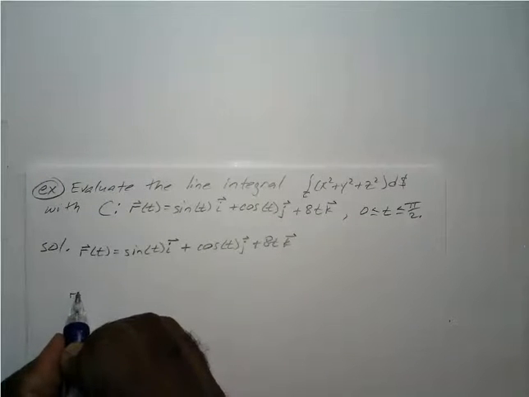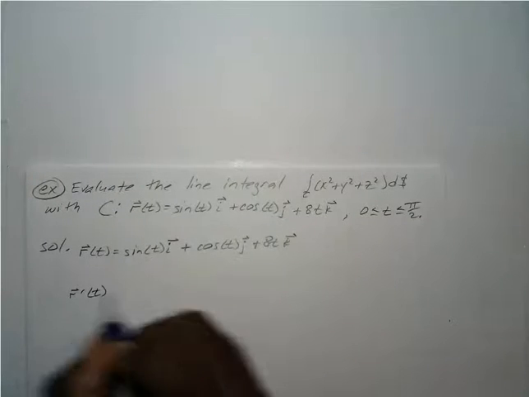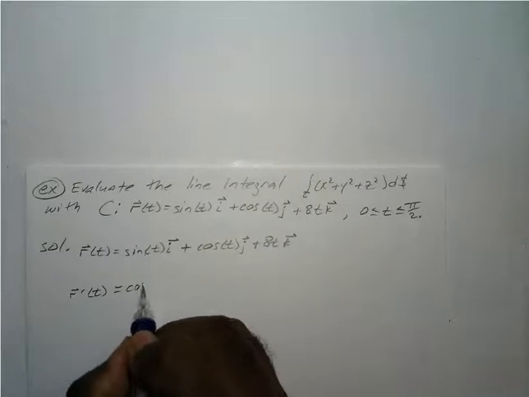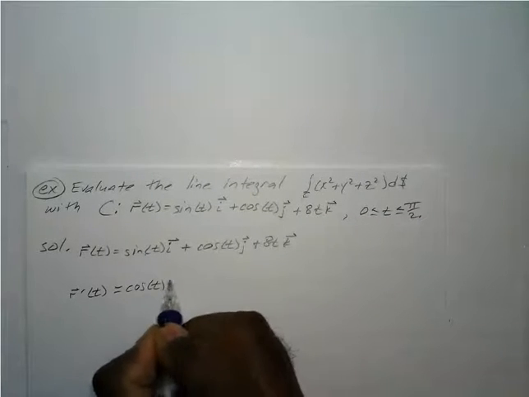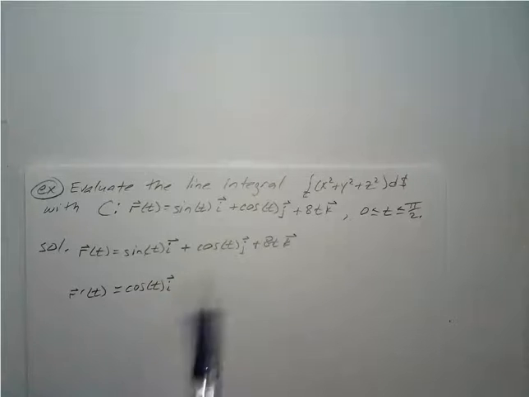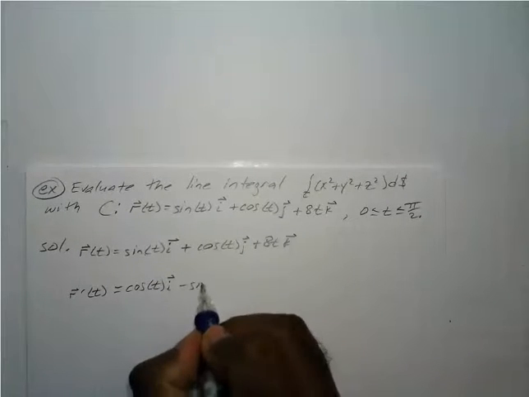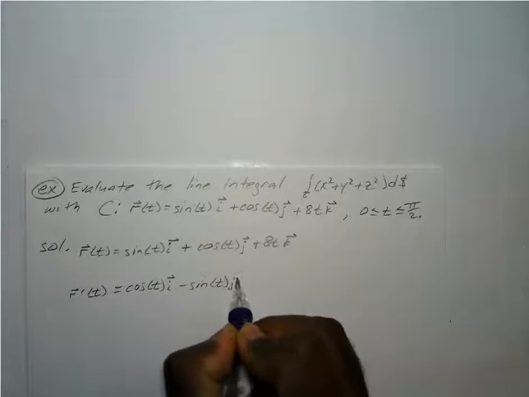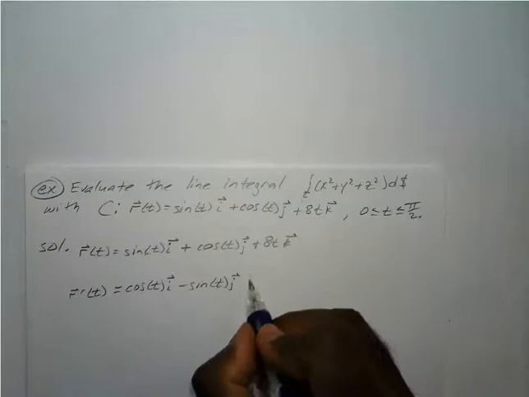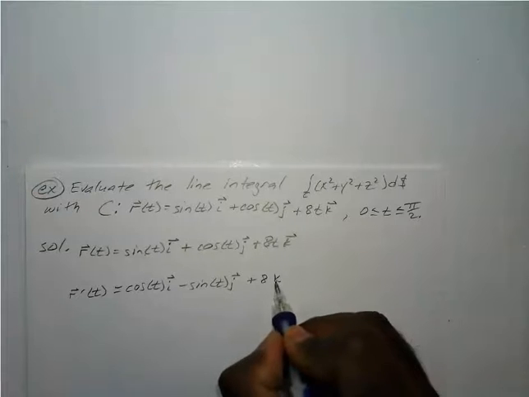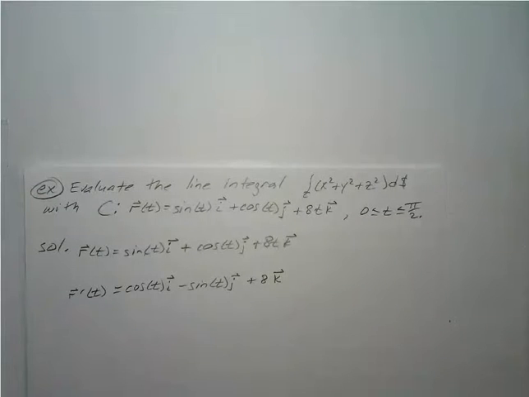You know that r prime of t, derivative of sine is cosine, so you have cosine of t times your i unit vector. Derivative of cosine is negative sine, so we have minus sine of t times your j unit vector, plus, instead of 8t, that just becomes 8 times your k unit vector.